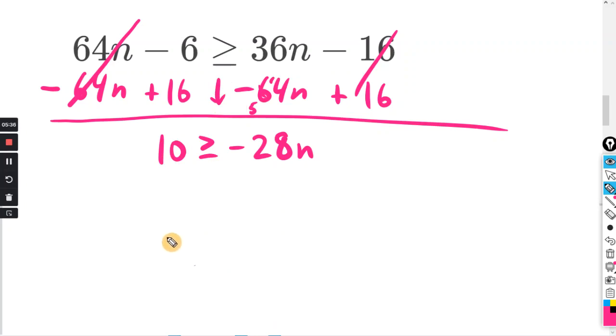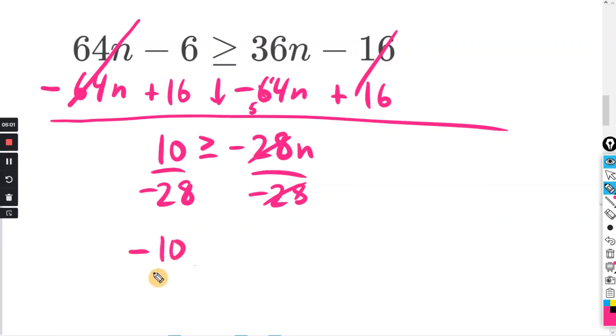Now, solving for n, it's times negative 28, so I'm going to divide by negative 28 on both sides. Negative 28 over negative 28 cancels. But since we divided both sides by a negative, I need to reverse this sign. So 10 over negative 28 is the same as negative 10 over 28.